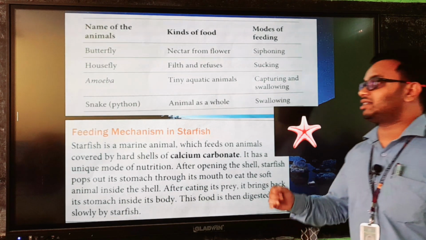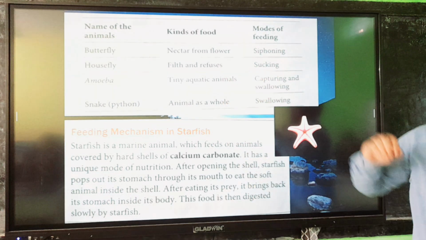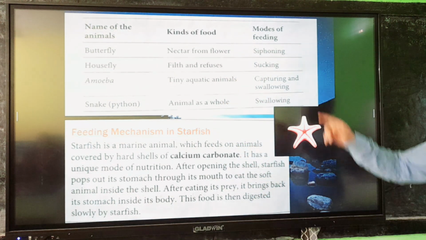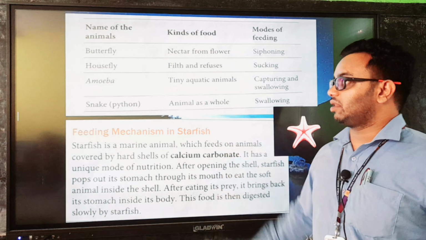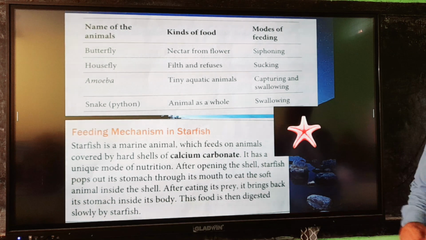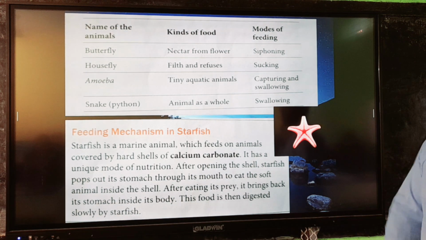The next one is name of the animals like this one. Butterfly, nectar from flowers by siphoning. Housefly, that is refuses them, sucking them.